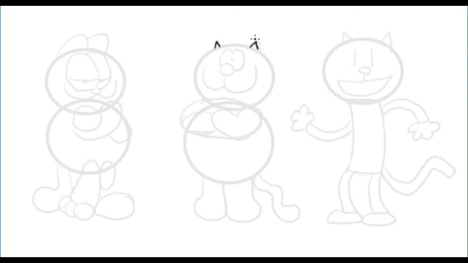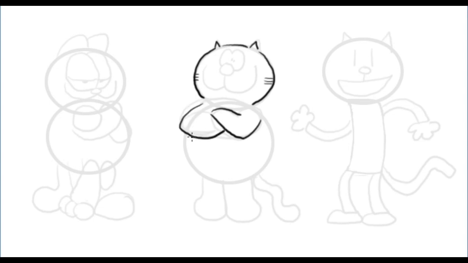I'm using the computer here, but you can fade out basic shapes if you're working in pencil by taking an eraser and erasing the lines so you just lightly see them, and then you take a pen and go over the parts of your pencils that you think are important to keep.